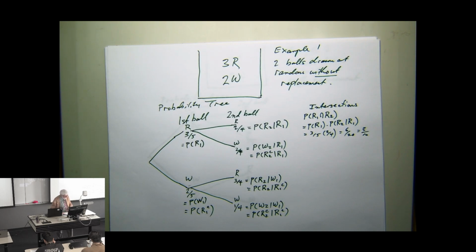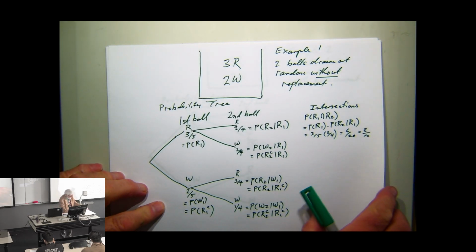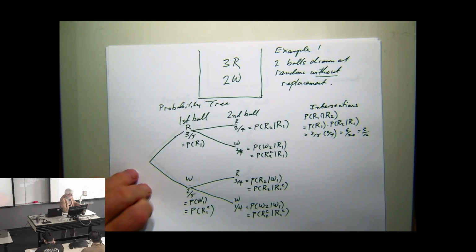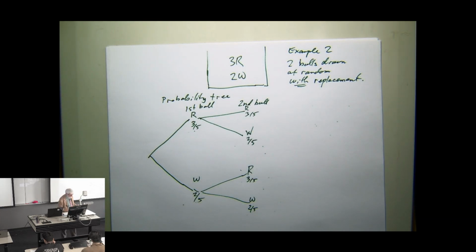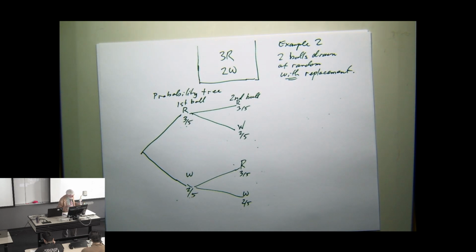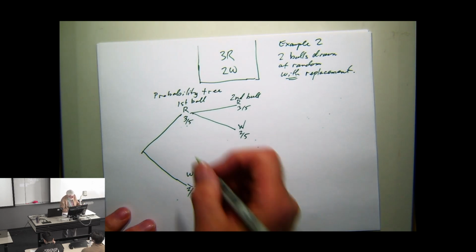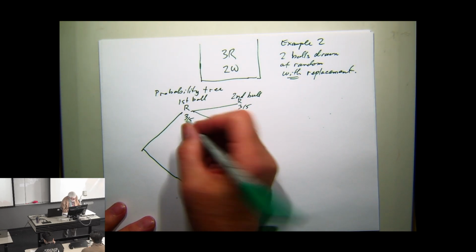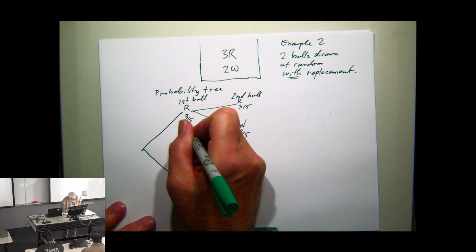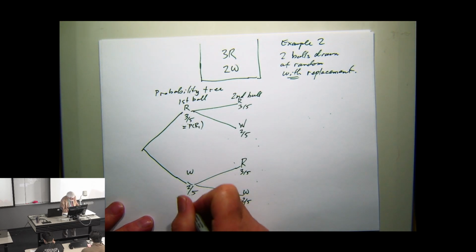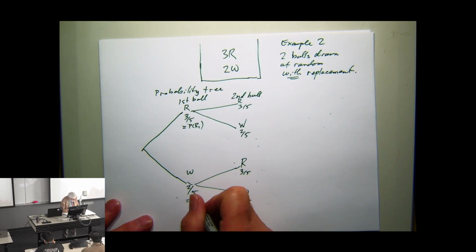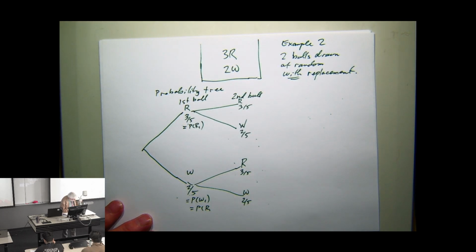We're going to do that, but we want to come back and emphasize something in terms of the second case. This is indeed the probability of getting a red on the first, and that's the probability of getting a white on the first, which is the probability of not getting a red on the first.